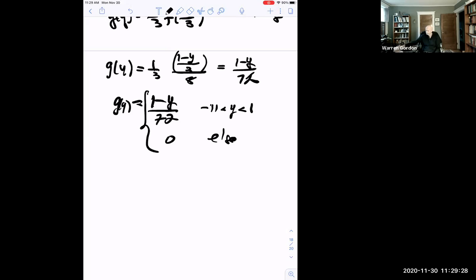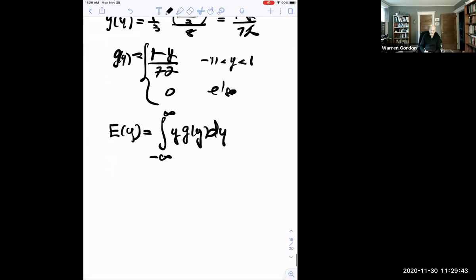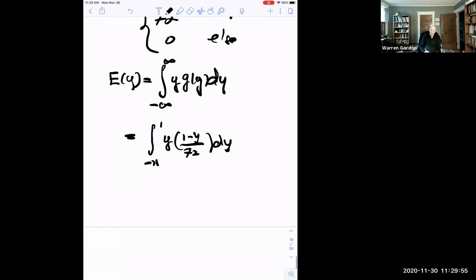So for example, if I wanted to find E of y, that's just equal to the integral of y g(y) dy as y goes from minus infinity to infinity, which in this case would just be the integral from minus 11 to 1 of y times (1 minus y)/72 dy, or 1/72 times the integral.